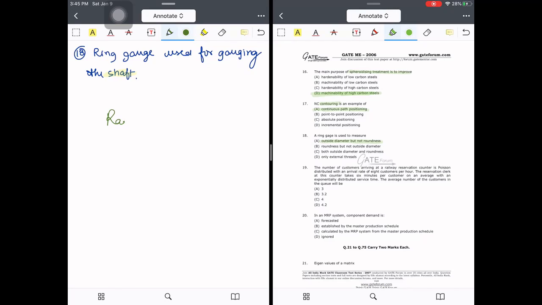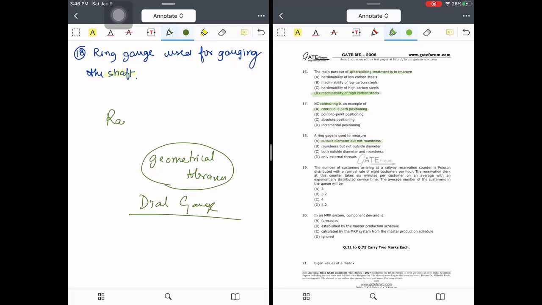In order to measure roundness we generally use a stylus or something; I could not recall that particular name. This comes under geometrical tolerance.